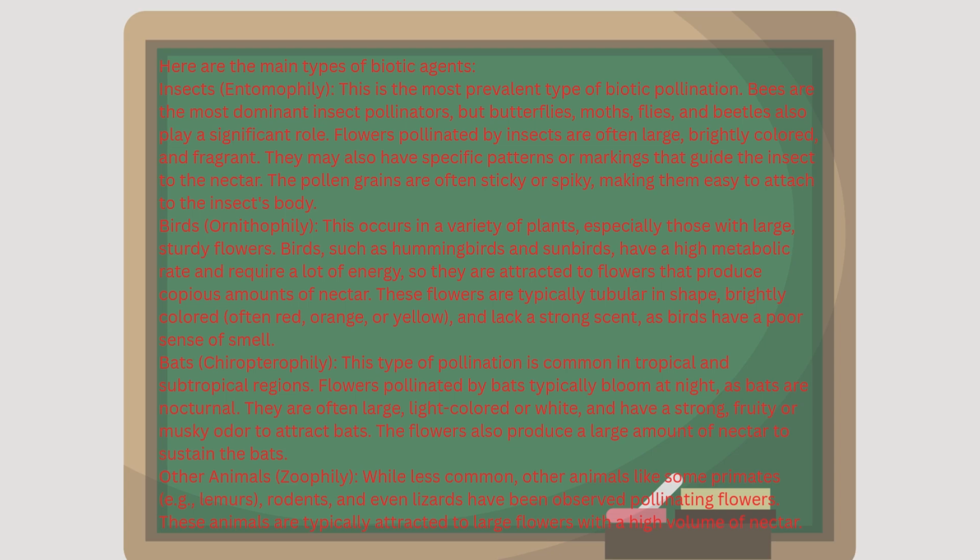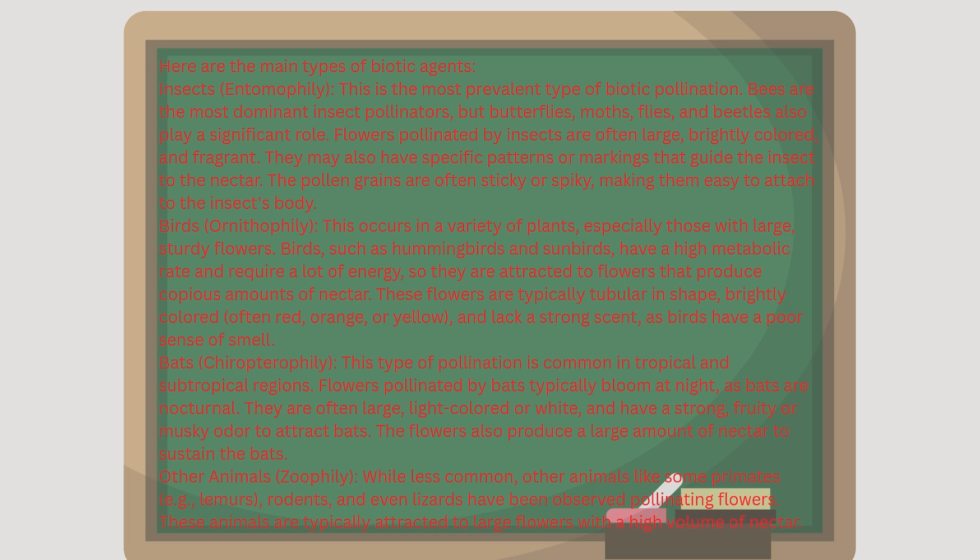The next one is birds, also called ornithophily. Now we'll see here this occurs in a variety of plants, especially those with large sturdy flowers. Birds such as hummingbirds and sunbirds have a high metabolic rate and require a lot of energy.